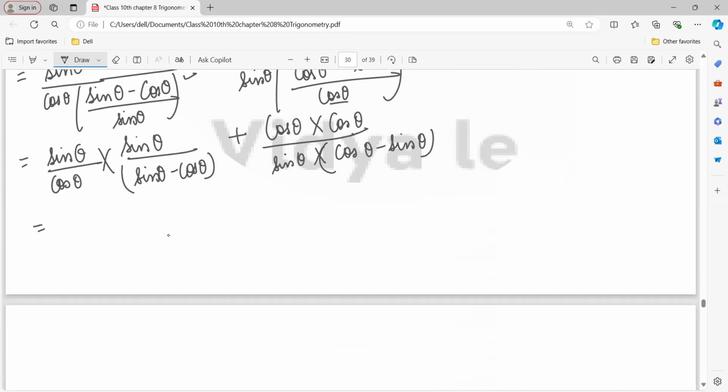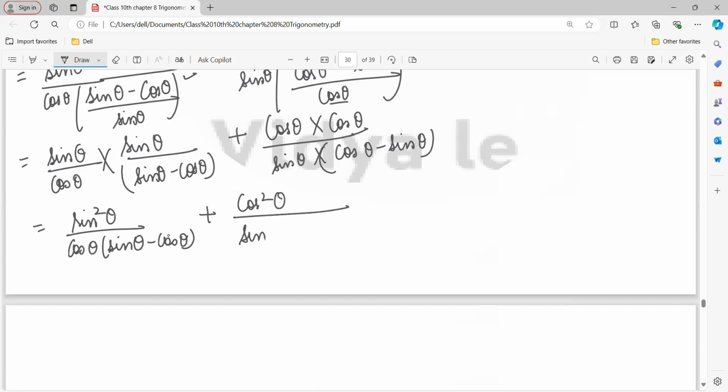Now sin theta into sin theta is sin square theta, and in the denominator we have cos theta into sin theta minus cos theta, plus cos theta into cos theta is cos square theta upon sin theta into cos theta minus sin theta, right?